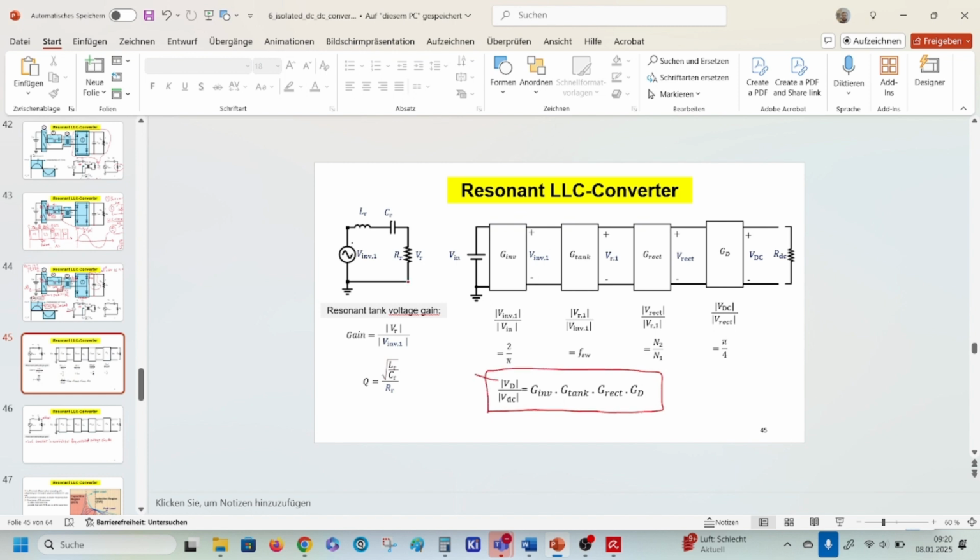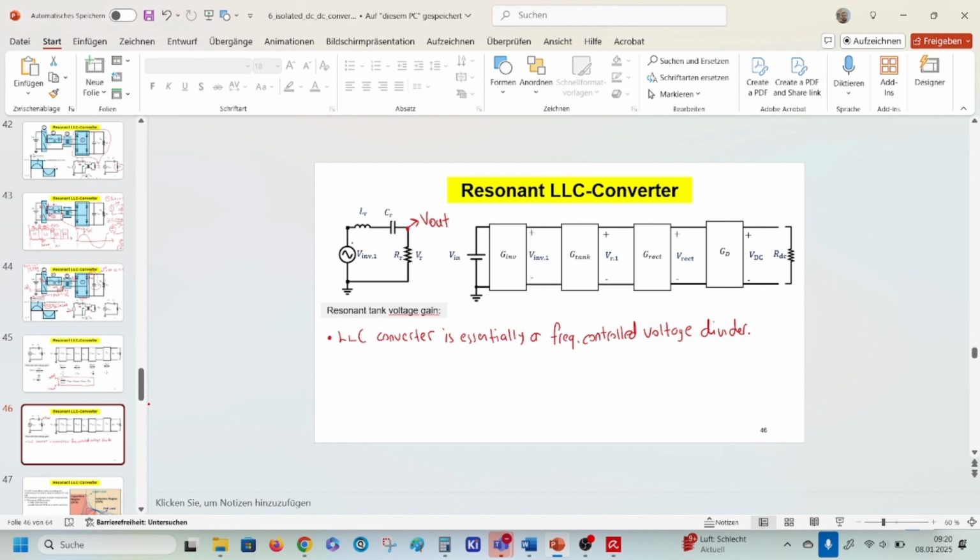Output stage related to input stage. And by just changing the frequency, this is my switching frequency, we can control the output voltage.